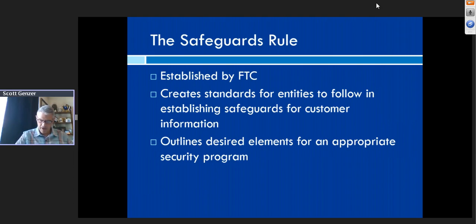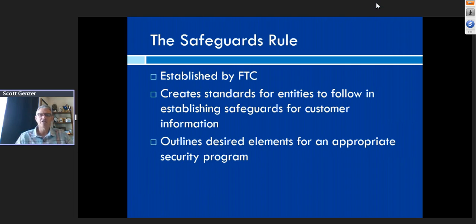It was originally established by the FTC, and as directed by the GLB, they established standards for non-depository mortgage lenders and brokers and originators to follow when we create and implement our administrative, technical, and physical safeguards to protect the security of confidential information, protect against unanticipated threats to the security and integrity of our customers' information, and protect against unauthorized access of the customer information.